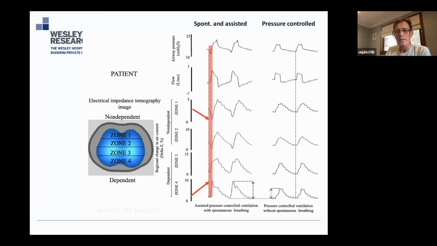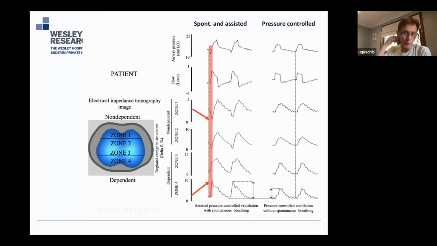Which means that when a breath is directed into the lung by spontaneously assisted breathing, the lower part of the lung will experience volume change, where we have almost Pendelluft happening. Now, this is a spontaneously breathing patient who uses the diaphragm.